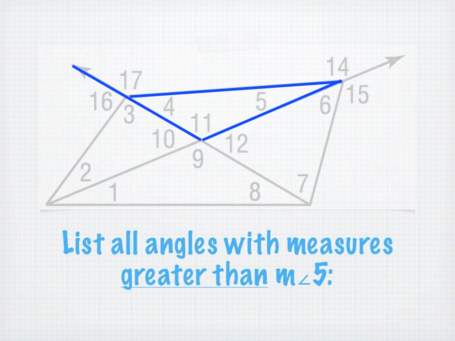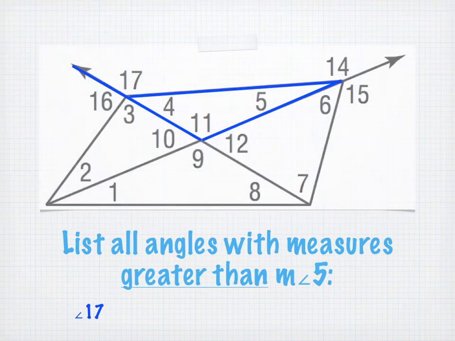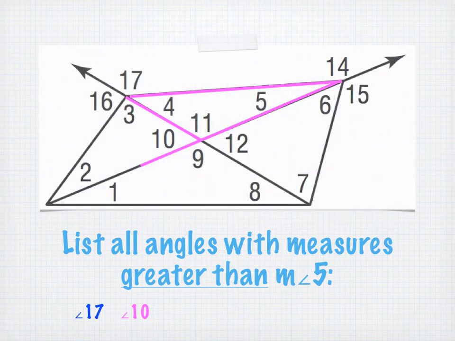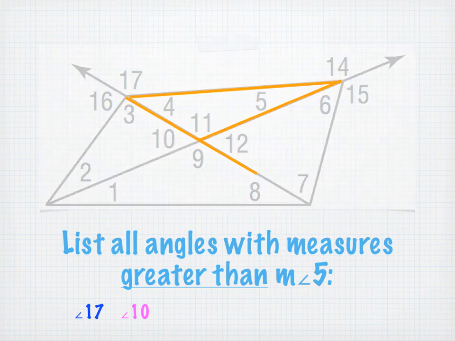We see we've got this triangle, and 17 is an exterior angle to 5 as its remote interior. Here's another possibility, and so therefore 10 must be greater than 5. Likewise, 12 is going to be greater than angle 5.